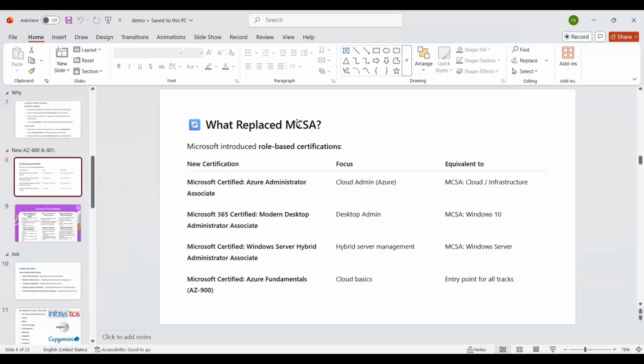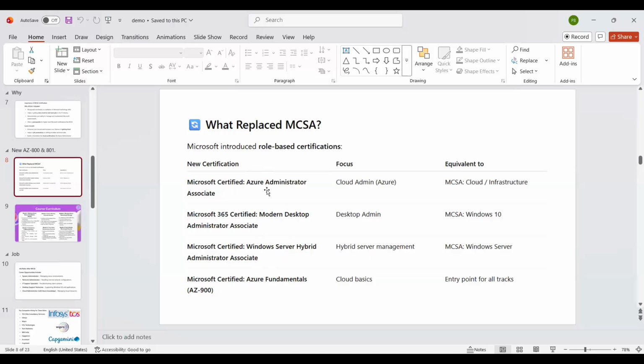You can go with the Microsoft Certified Azure Administrator Associate, that is AZ-104. And we also have other options like Modern Desktop Administrator Associate and Windows Server Hybrid Administrator Associate. So we have different role-based certification options nowadays.